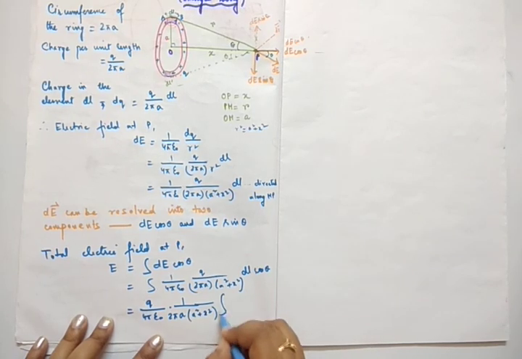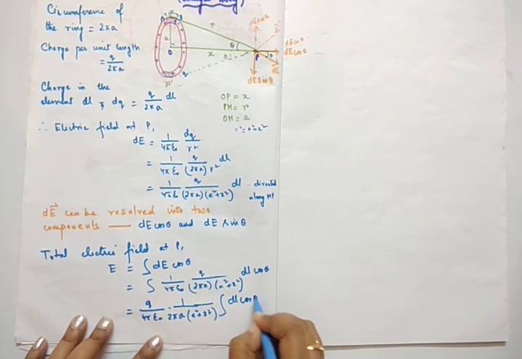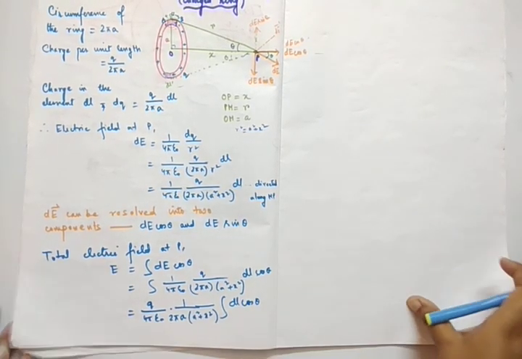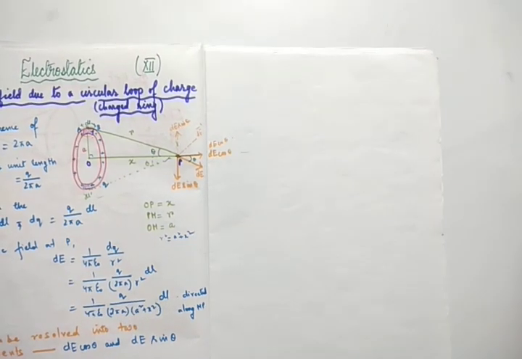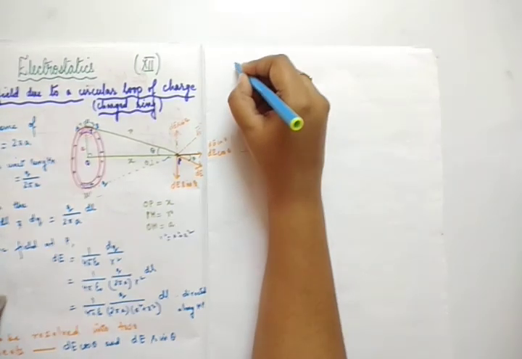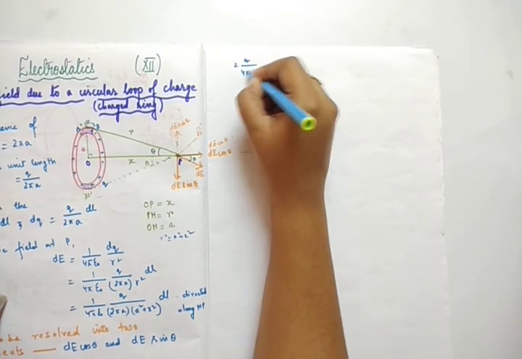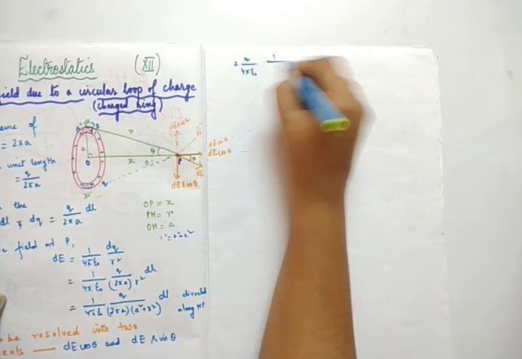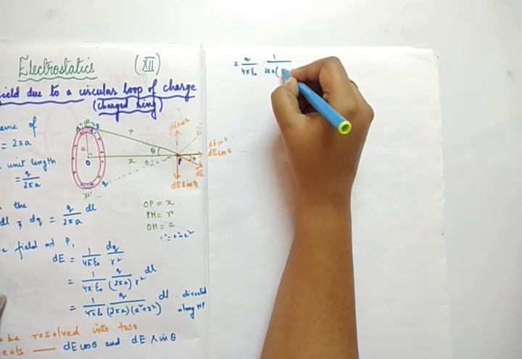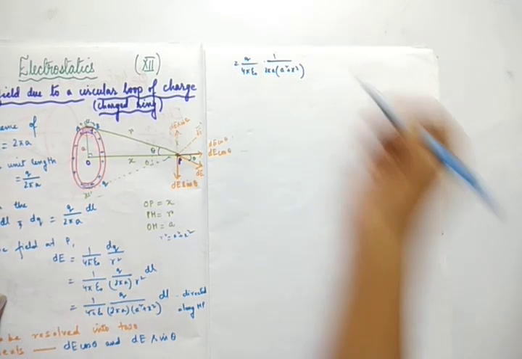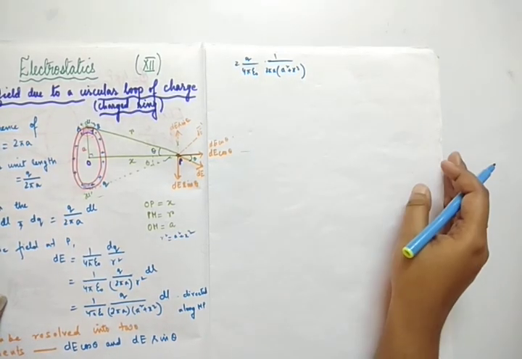So all the terms you take outside, and we are left with dl cos theta. So now, Q by 4 pi epsilon naught, 1 by 2 pi a square plus x square.